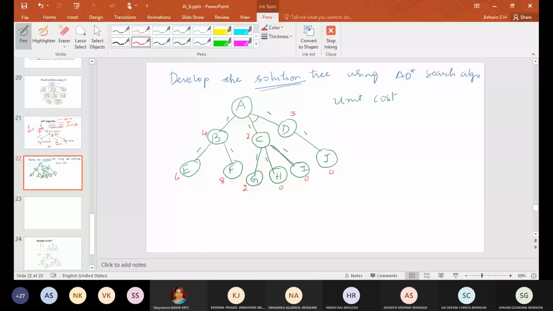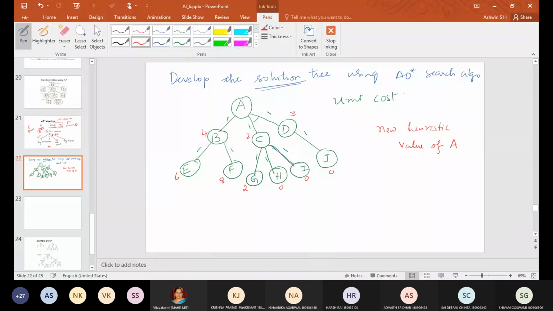Here you have to find the solution tree using the AO star search algorithm. Finding the solution tree is what you have to calculate. You explore using the possible AND-OR logic, you explore the different paths, then take this value back to the root level and calculate the new heuristic value of A. A is the start node.